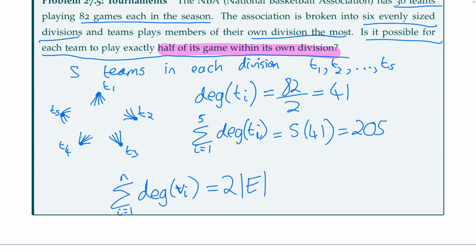What do we know? The sum of the degrees, if they do play half of all their games within this division, is going to be 205. And what do we know generally about the sum of the degrees? It has to be 2 times the number of edges. So how many edges would there have to be?